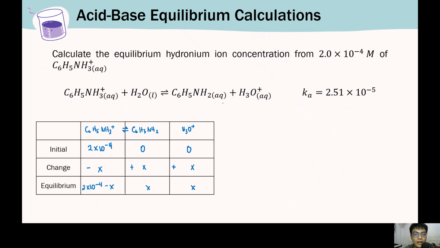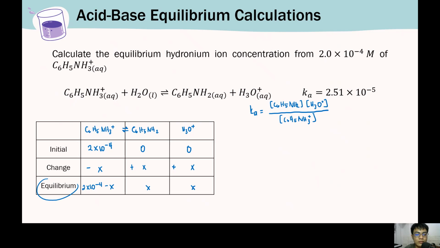So let me show you the K expression. K is equal to the C6H5NH2 times the hydronium ion concentration divided by C6H5NH3+.